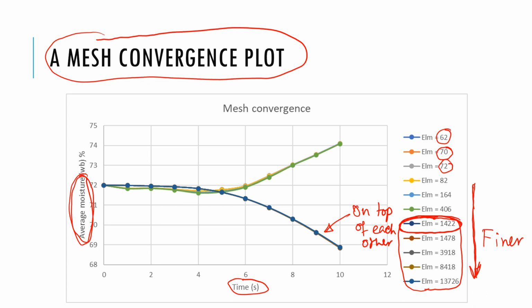That is very critical because our final answer should have nothing to do with the solution process, that is the mesh that is used to solve.